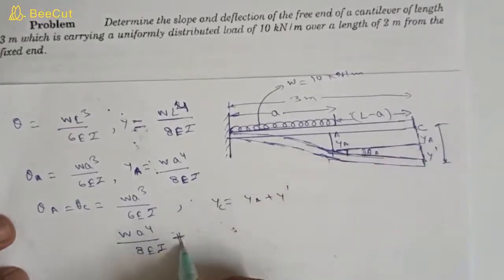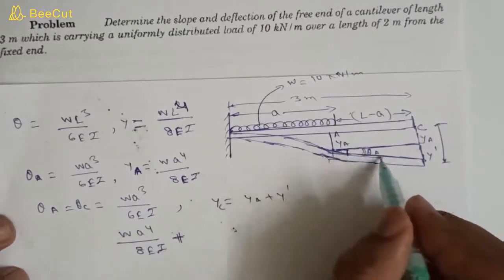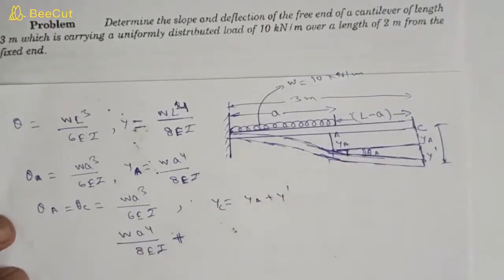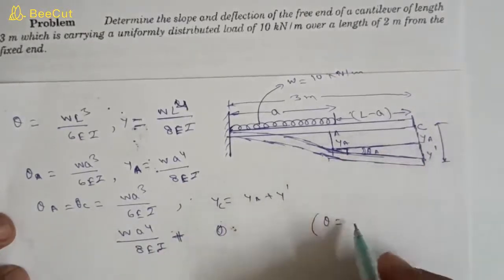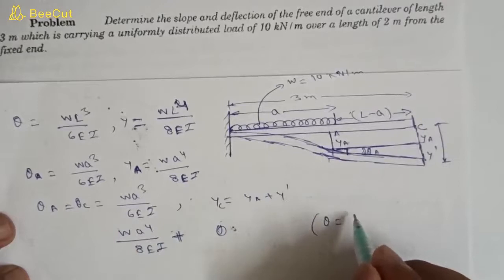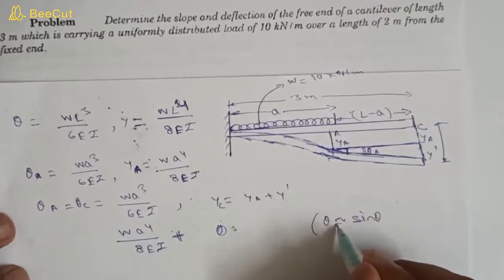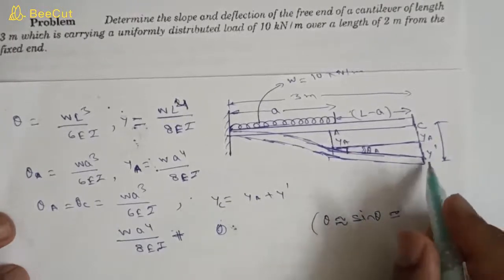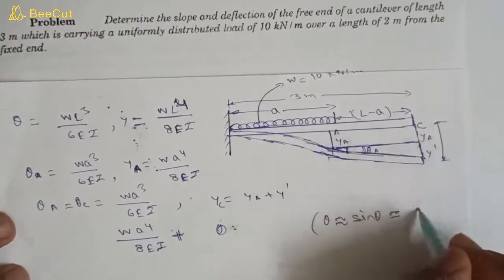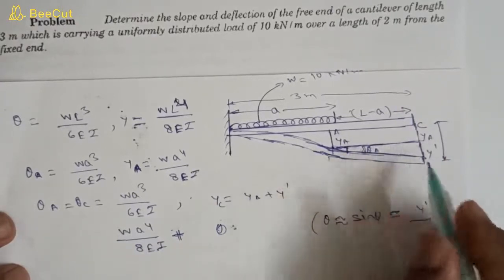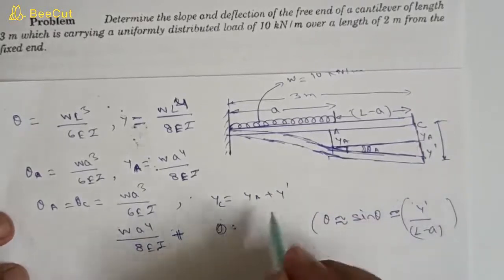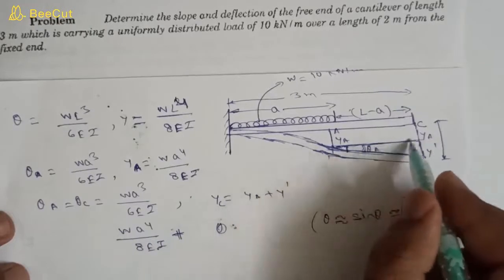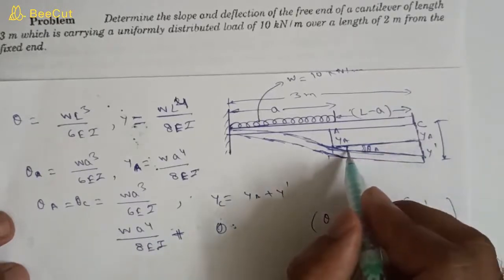Because the angle is very small, we can take theta equal to sine theta, and sine theta will become Y dash divided by this length L minus A. So we can write Y dash is equal to this length multiplied by this angle theta.